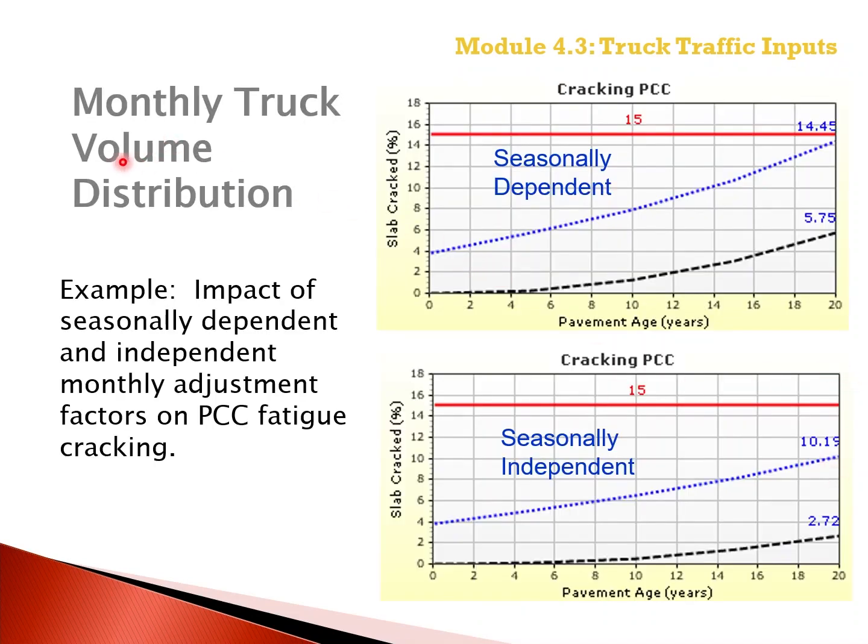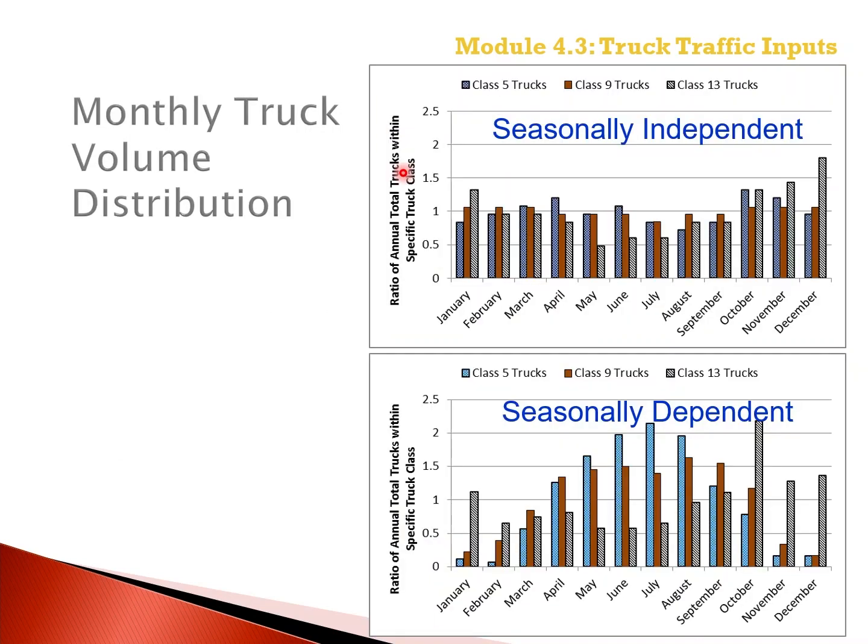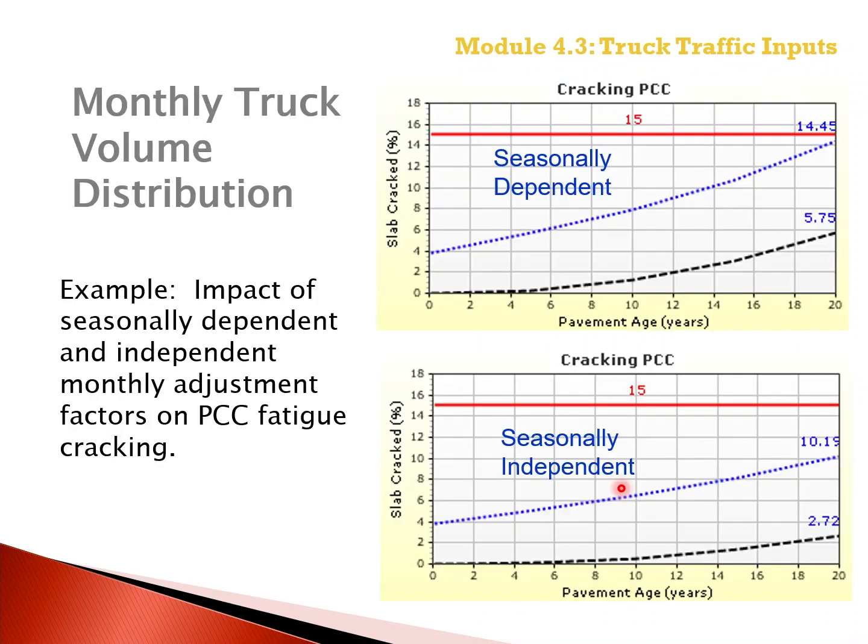Monthly truck volume distribution factors. This graph included on the slide compares the predicted jointed plane concrete pavement percent cracked slabs along the y-axis using the two monthly truck volume distribution factors shown on the previous slide, as a reminder: seasonally independent versus seasonally dependent monthly distribution factors.